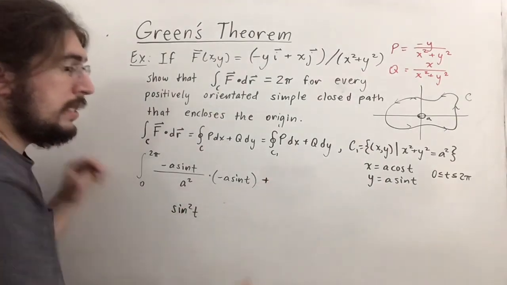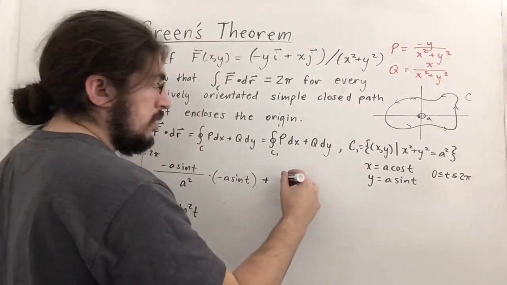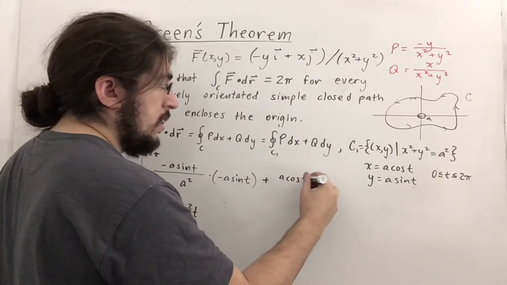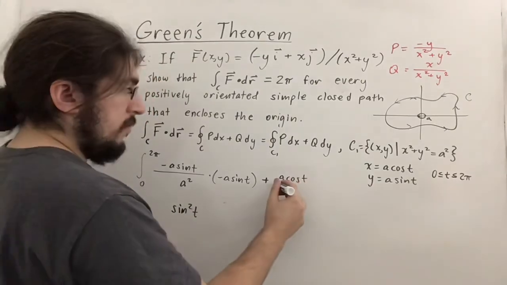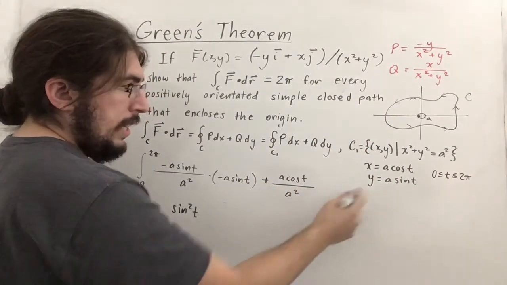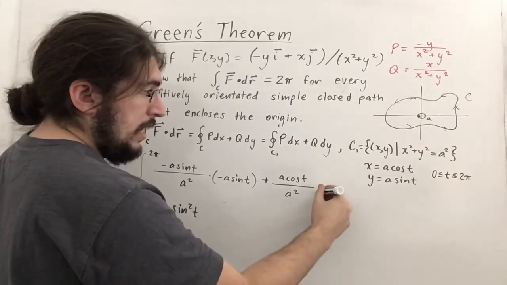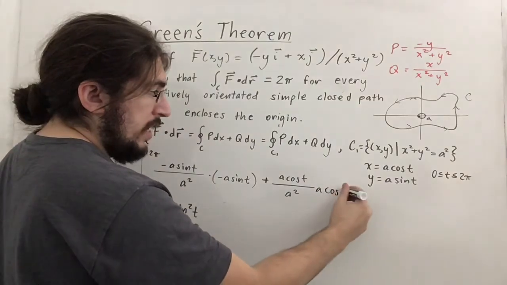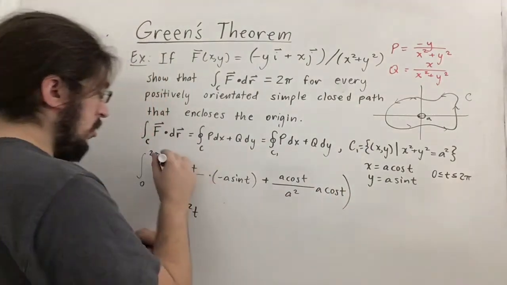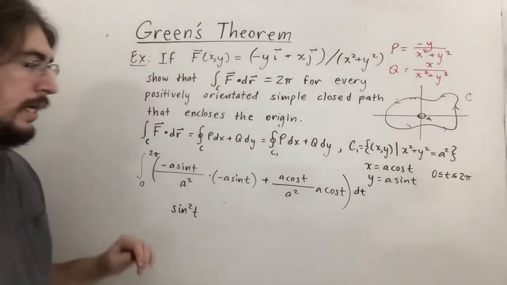Okay, plus Q dy. Q again is given by this. x is going to be a cosine of t. So far so good. Over x squared plus y squared, again that's going to be a squared, as just discussed. And dy is the derivative of y, which is a times the derivative of sine, cosine of t, and this is all multiplied by dt. Awesome.